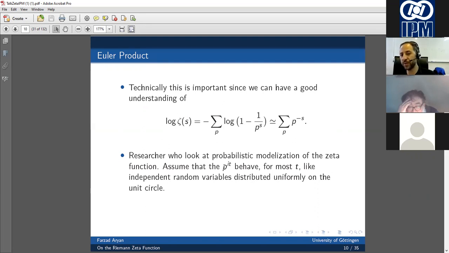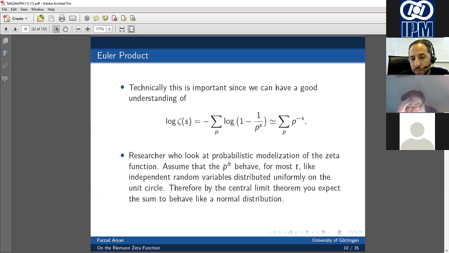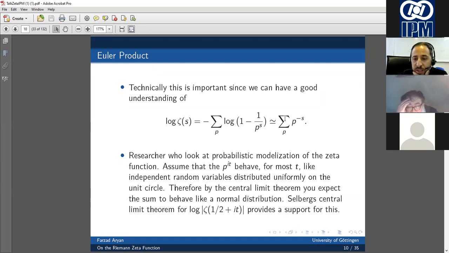A sum of independent, uniformly distributed random variables, you call it IID, has what's known as a normal distribution because of the central limit theorem. So we expect this to behave like a normal distribution. Selberg has a theorem called the Selberg central limit theorem, basically proving this observation.